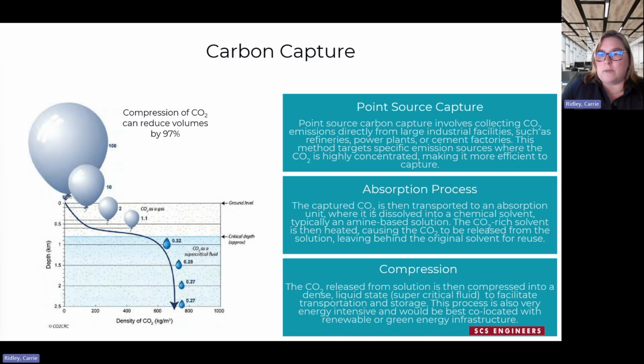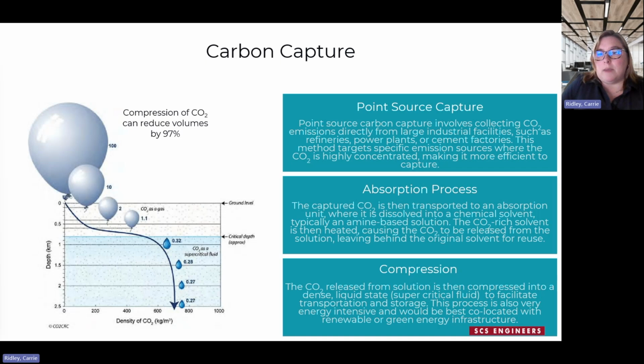The CO2-rich solvent is then heated, causing the CO2 to be released from the solution, leaving behind the original solvent for reuse. The CO2 released from the solution is then compressed into a dense liquid state, meaning a supercritical fluid, and this facilitates transportation and storage. The process is very energy intensive and would be best co-located with renewable or green energy infrastructure.